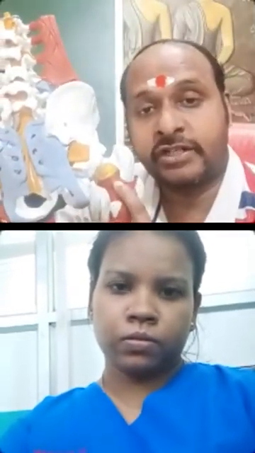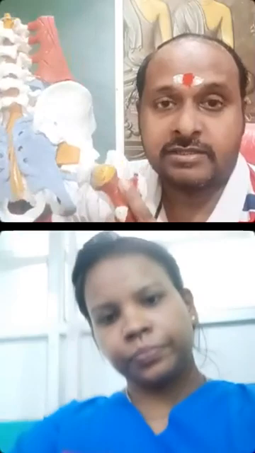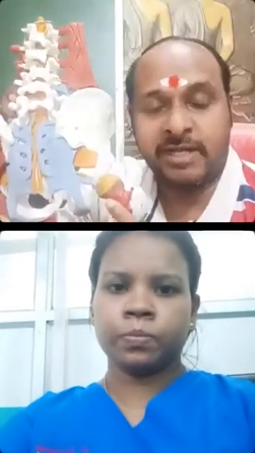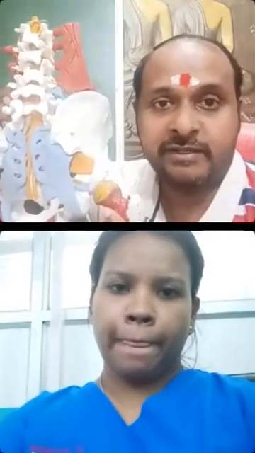So remember this, because you need to know the action of this muscle, only then can you assess this muscle. And that is the reason why some patients have symptoms in hip flexion. They don't have symptoms in hip extension. That means when standing, they don't have piriformis pain, but sitting, they have piriformis pain.